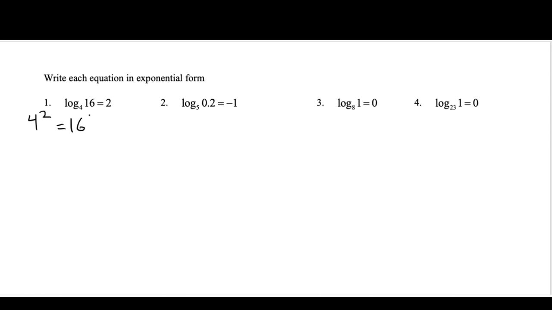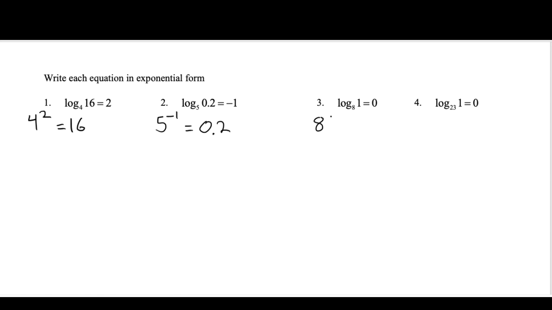We've got the same three numbers, 4, 16, and 2, but we're relating them in a different way. For the next, 5 is the base, negative 1 is the exponent. So we have 5 raised to the power of negative 1 equals 0.2. Over here, 8 is the base, 0 is the exponent, right?